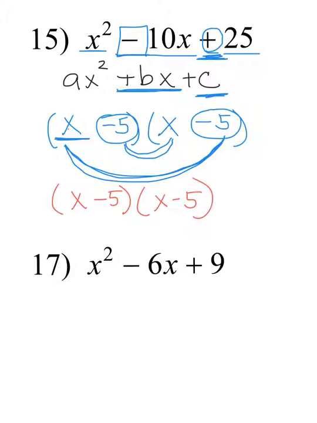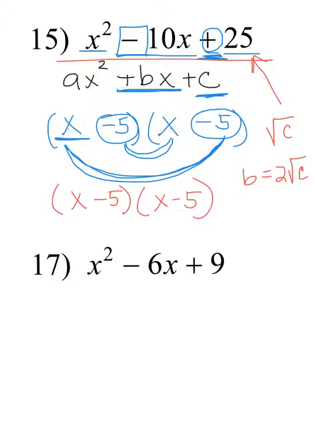You can easily recognize these particular equations by looking first at your c term, taking the square root of the c term, and your b term must be equal to 2 times that. If we look at this, we'll notice that c is 25.